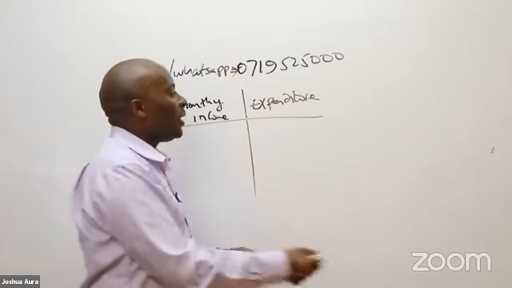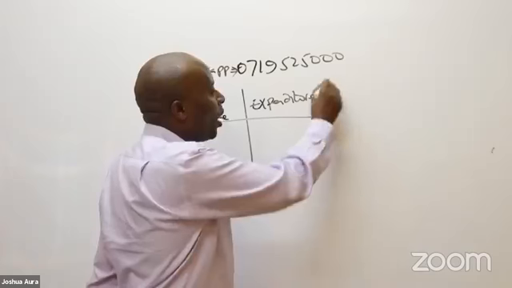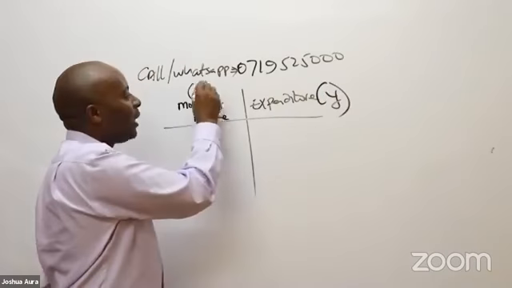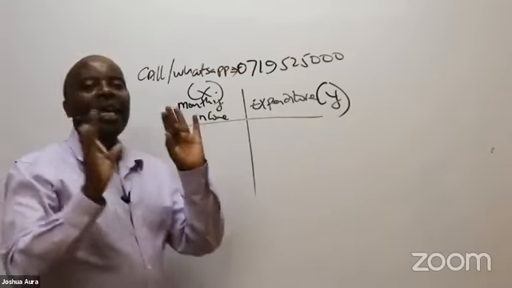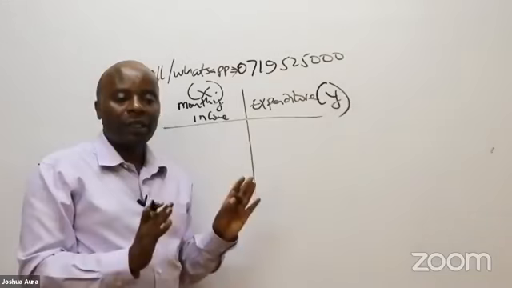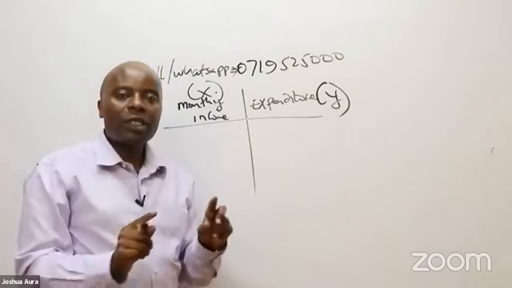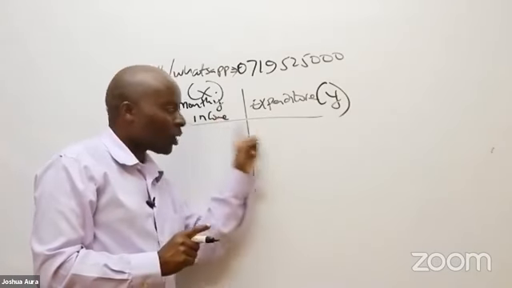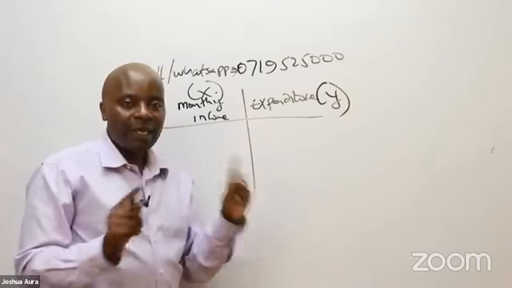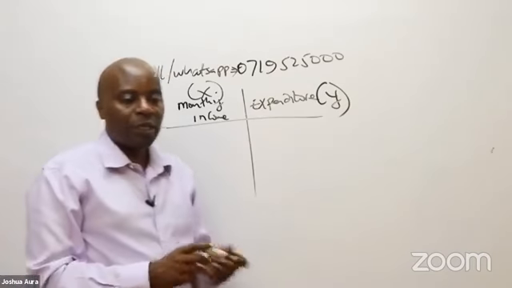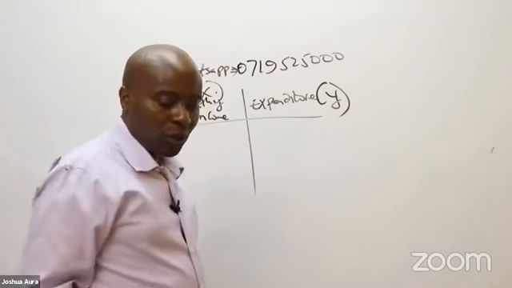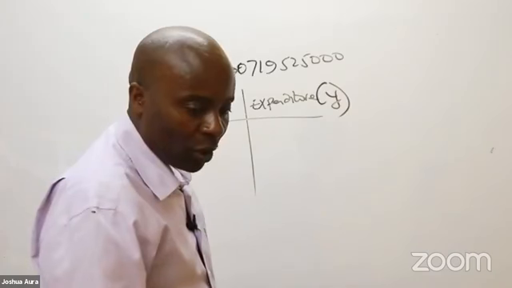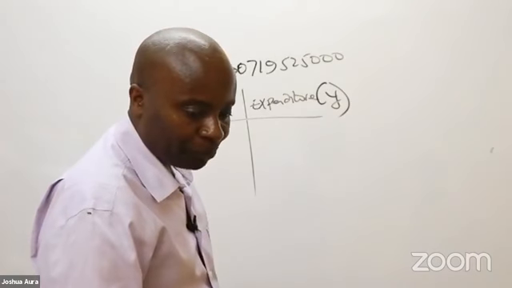So automatically expenditure is Y, and monthly income becomes X. Any student who missed out on defining this properly got the entire question 100% wrong.